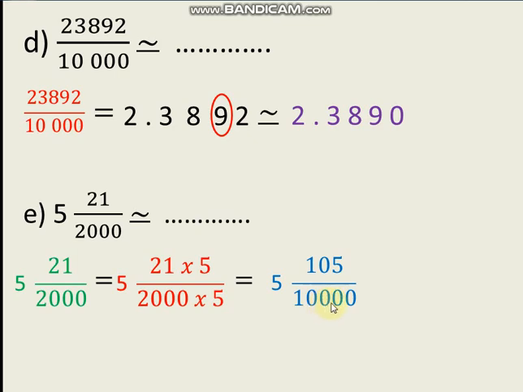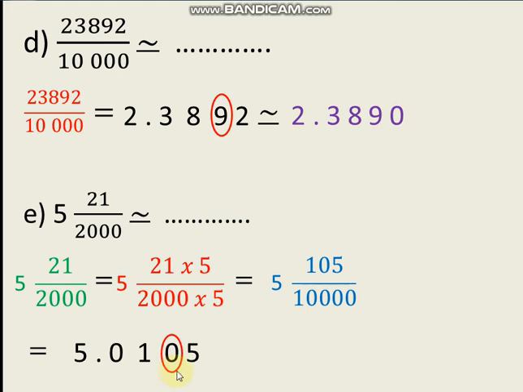We will put the point after 4 digits from the right. We have here 3 digits, so we'll put a 0 and put the point after the 0. The result will be 5, it's the whole number, 0.0105.